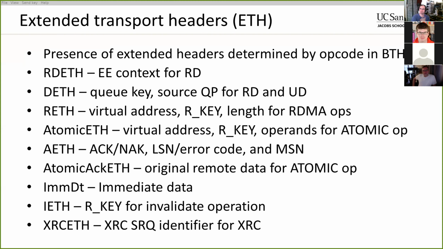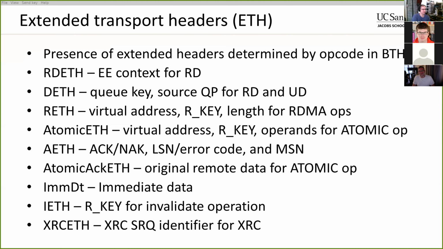So kind of the point behind fetch and add or compare and swap is that you read the original value, then you perform some operation and you write the new value back. Well, then the very important part is that you have to return that original data. So that's done in the atomic acknowledge extended transport header. Then there's another header for immediate values. If you do a send with immediate or write with immediate, that needs to be sent somewhere.